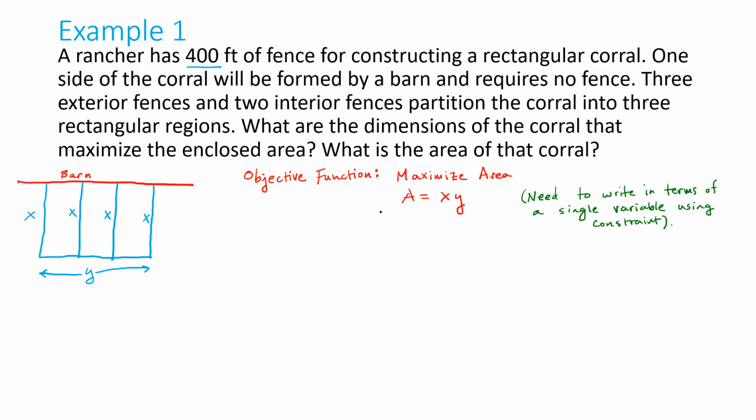So the constraint, and again, the restriction on our variables, will be the fact that we don't have an infinite amount of fencing to use. We only have 400 feet of fencing to use. So that's the constraint that we're working with.